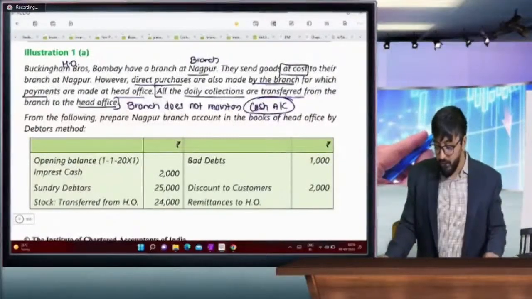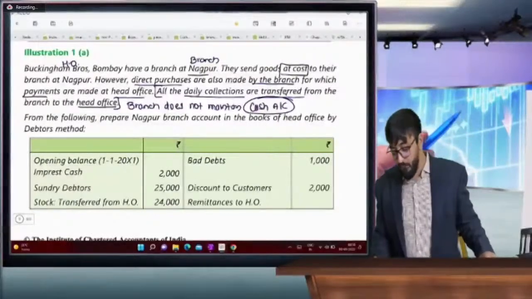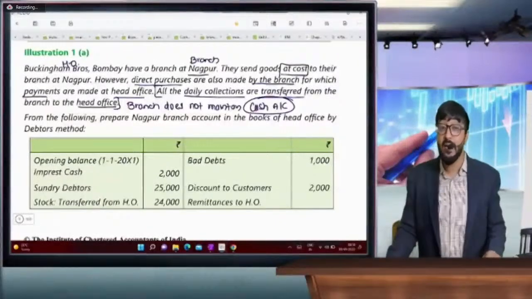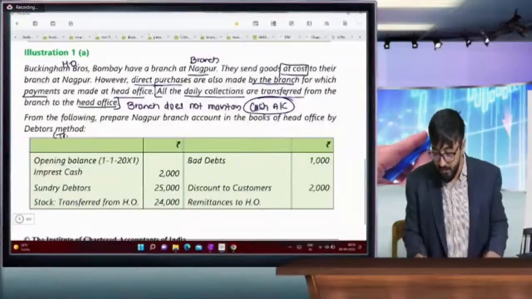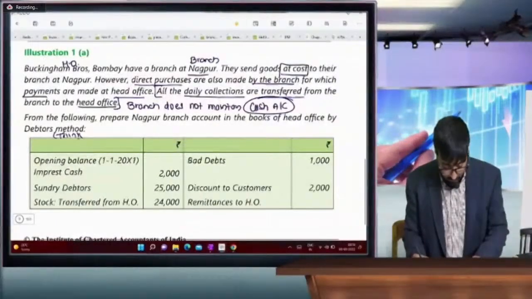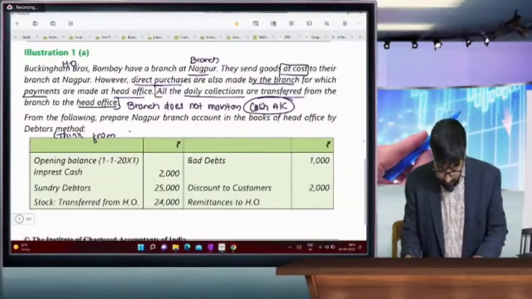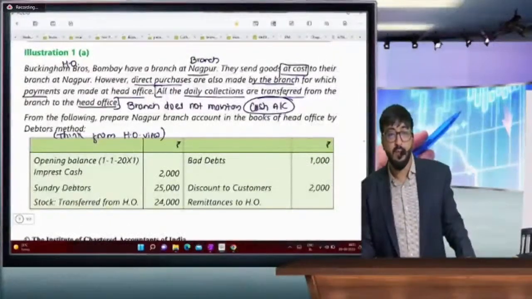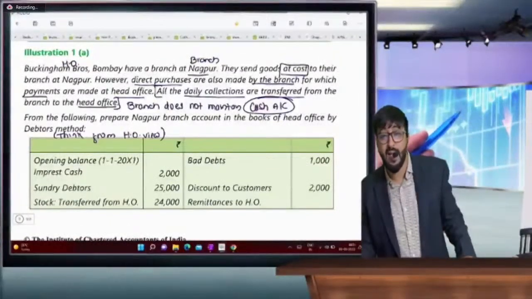From the following, prepare Nagpur branch account in the books of head office by the debtors method. Now, debtors method means, sir, think from the HO view. See, beta, opening balances are given in the question.